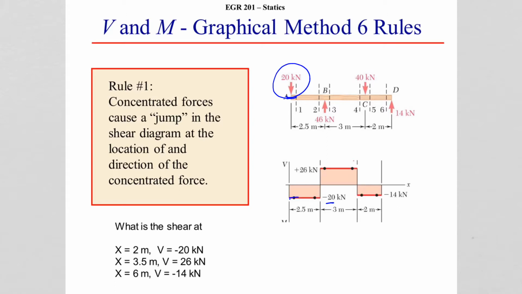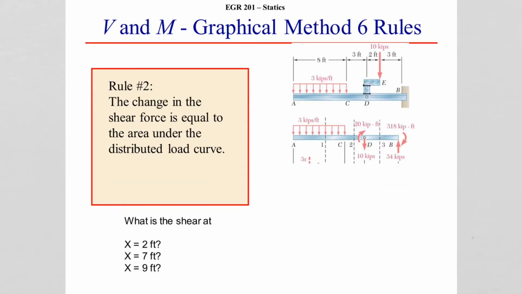It then sees a 46 kilonewton force, so it jumps up 46 kilonewtons. So that distance is 46, and it's at a positive 26. It will stay at that till it sees this 40 kilonewton force and jumps down to a lower amount of 40 kilonewtons and stays there till it reaches this last part. So this is an easy rule to know.